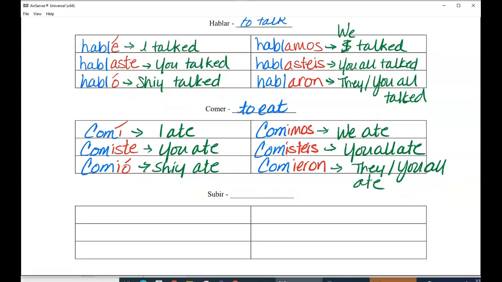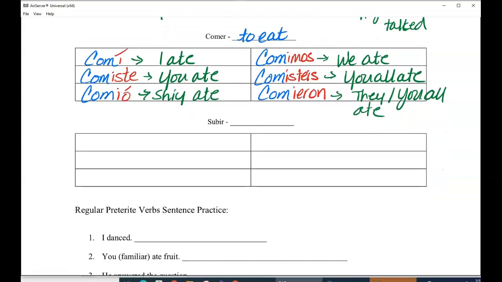Subir, we're going to follow the same endings. Subir has lots of meanings: to climb, to lift, to go up, to raise. We're just going to go with to climb, knowing that it can mean some other things, but we're not going to write all of that in there. So subir is going to be sub as our stem.